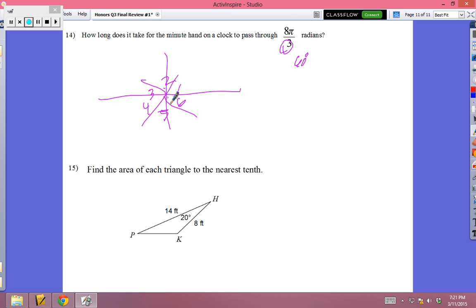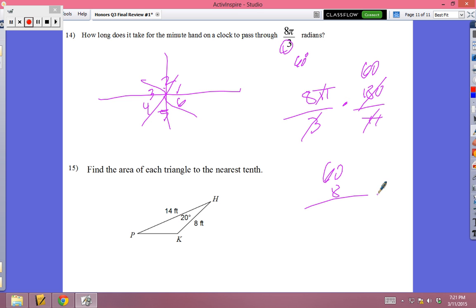It's going to end up in quadrant 2. So, if you just want to convert it to degrees, 8 pi over 3 times by 180 over pi, your pi's cancel. 3 goes into 180 60 times. 60 times 8 is 480 degrees.